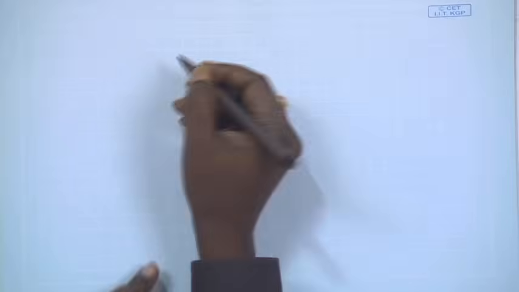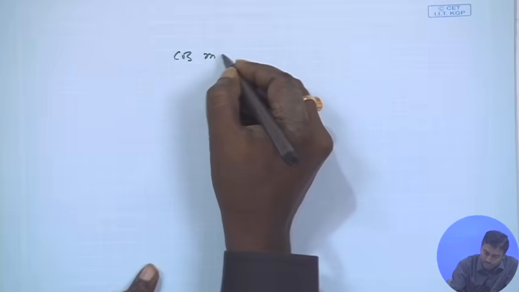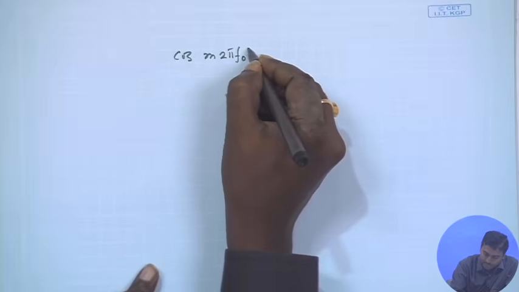Initially Fourier started with trigonometric or sinusoidal signals. So he initially started with, let us say, cos m 2 pi f0 t.